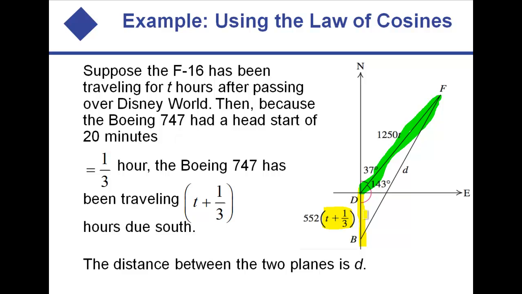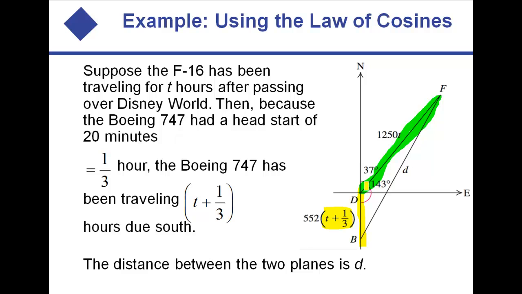So now this distance is growing at a rate of 550 miles per hour times the time that has elapsed. That's why we have to do it in terms of hours, because the rate is in miles per hour. So the plane was going at 550 miles per hour. When we start the stopwatch, when t equals 0, it's already traveled this distance because it had a 20-minute head start, right? A 1/3 of an hour head start.